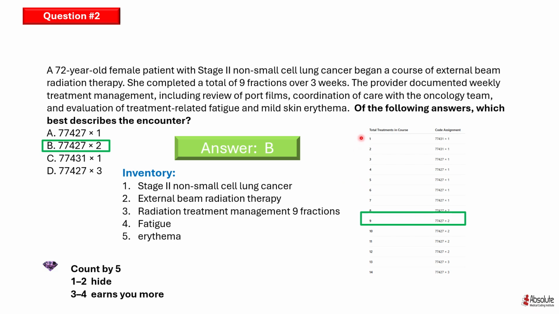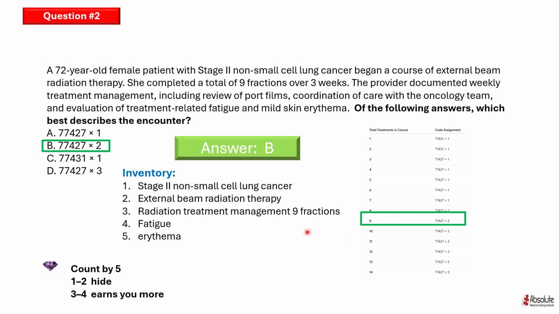Count by 5. 1, 2, 3, 4, 5. 1 and 2, you hide these. You don't code these additionally. But if 3 and 4 beyond, that earned you 1 more code.